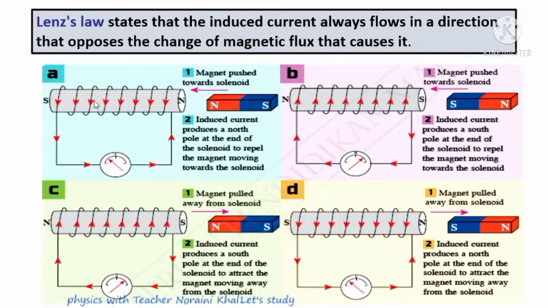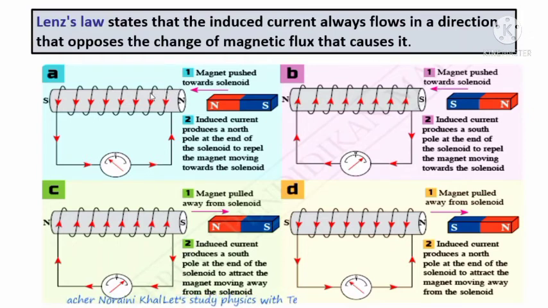So for example, A, north pole is moved towards the solenoid. Induced current produces a north pole at end of the solenoid to repel the magnet moving towards the solenoid. If moved towards, it will become same pole in order to produce the opposed effect. So when this end is north pole, direction of current, when you look exactly from this side towards the solenoid, is anti-clockwise.